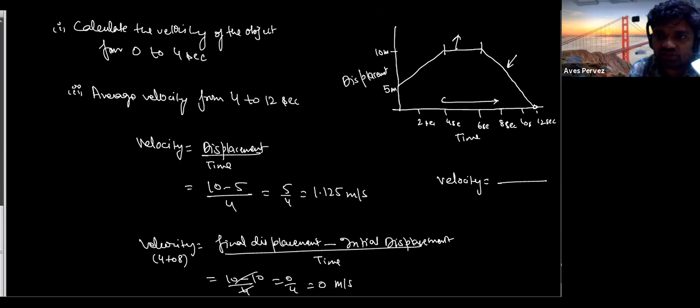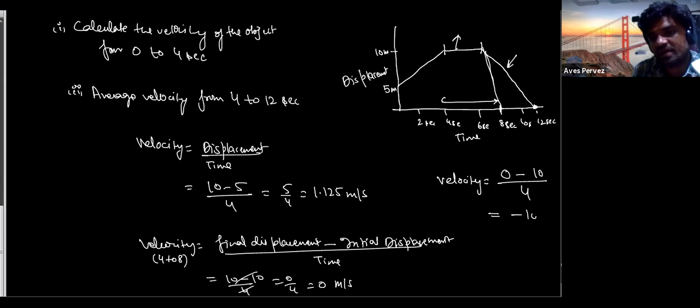So the final displacement is 0 minus the initial displacement. What is the initial displacement? The reading of the initial displacement is 10. So you write 10, and what is the total time? From here to here we are calculating, that is only 4 seconds.